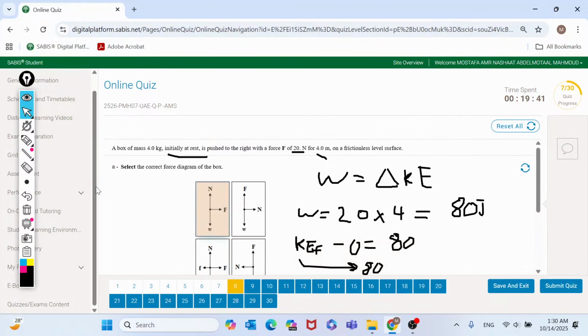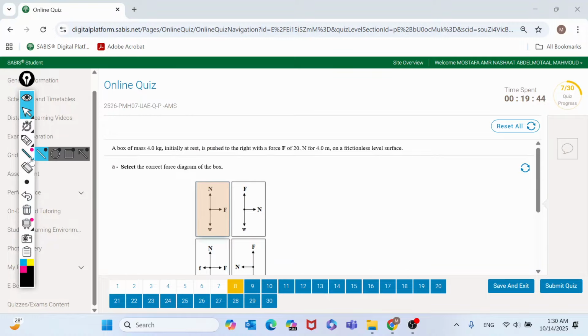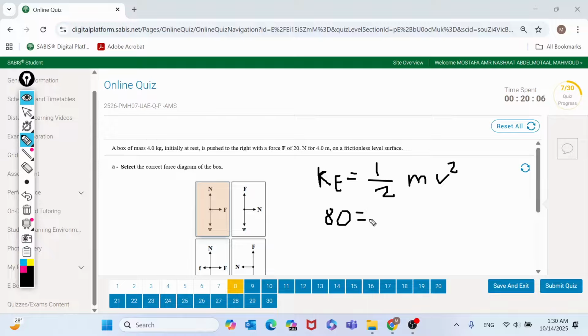How do you find the speed? We found the kinetic energy. Kinetic energy is equal to 1 over 2 mv squared. Kinetic energy is 80, equals 1 over 2, 4 is the mass, v squared.